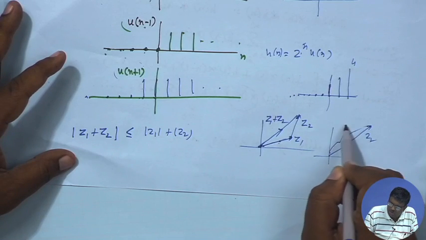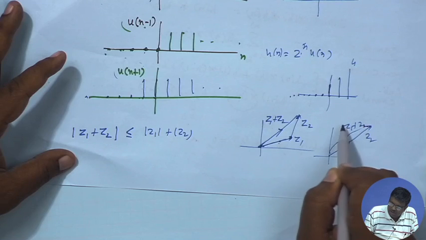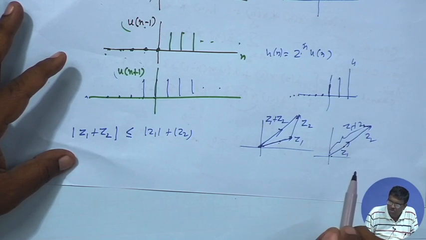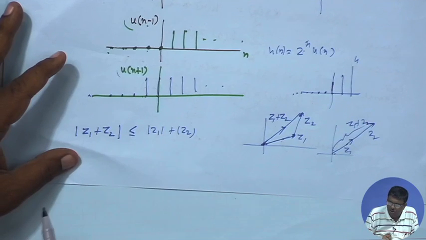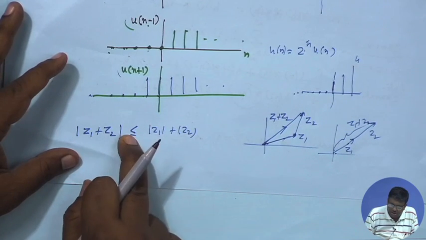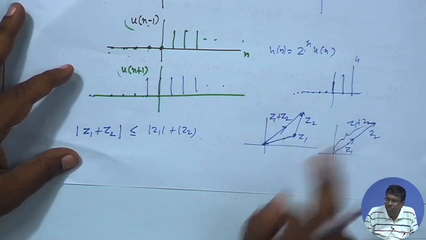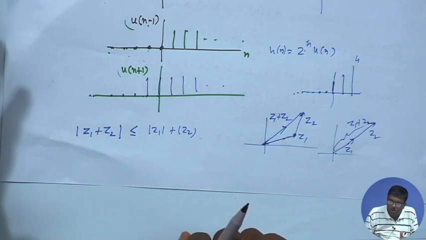So in this case, the length of z 1 plus z 2 is the same as the length of z 1 plus the length of z 2. That is why it is less than or equal to. By the triangle law, it is strictly less than when they are not collinear, but if they are collinear and pointing in the same direction, this is equal to.